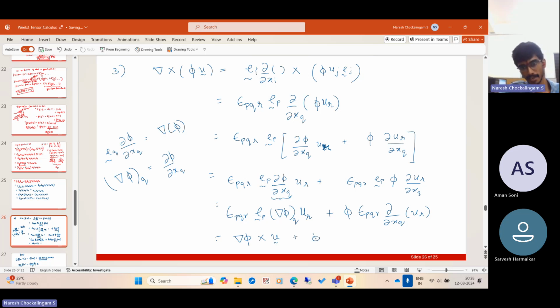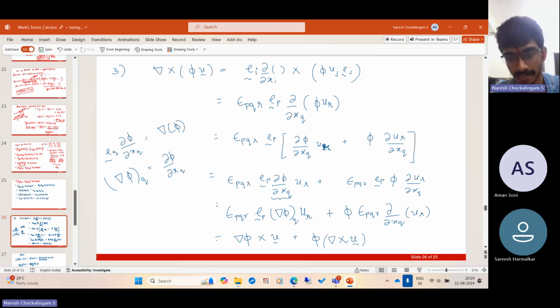And here, phi is not going to participate. Here, the partial derivative of some function with respect to x cube is the qth component of the gradient. So this is nothing but, by the definition of cross product, this gradient operator cross this vector u.